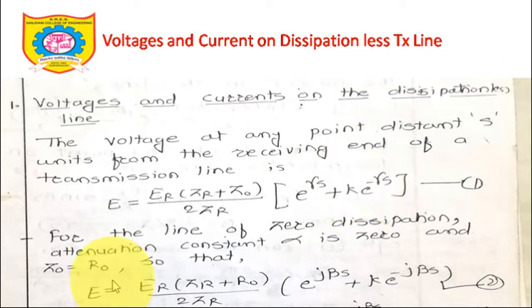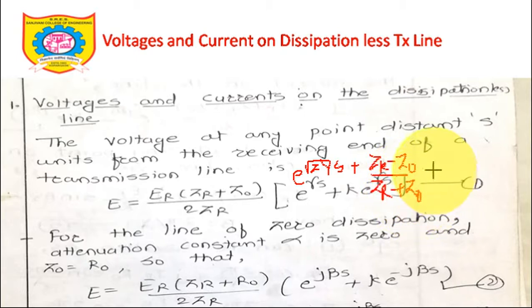Now what is this k? If you remember, we have written different forms of the transmission line equation, even in the physical significance. We came to the conclusion that it can be written as e raised to root of zy into s, plus (zr minus z0) upon (zr plus z0) into e raised to minus root of zy into s.